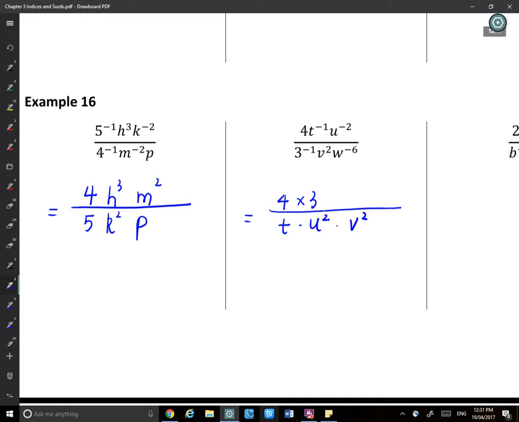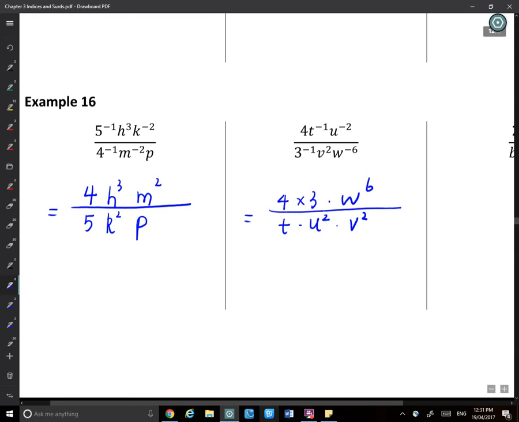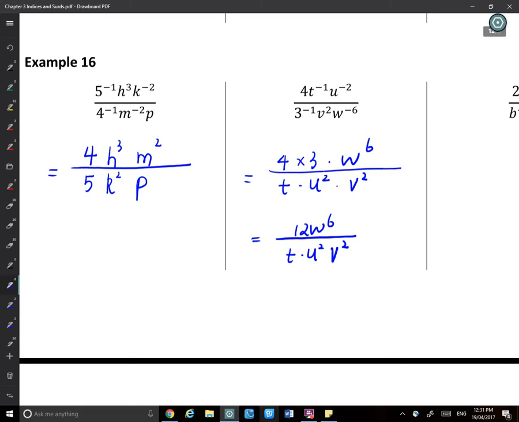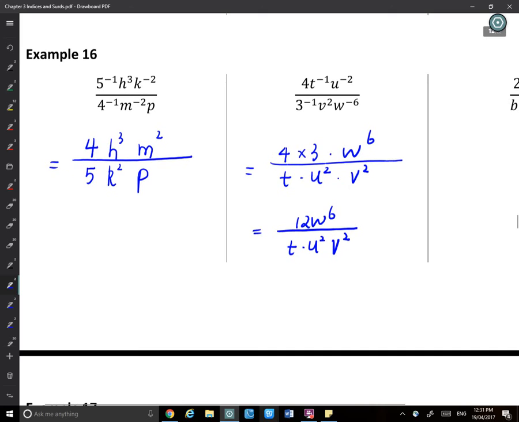W to the negative 6, which is negative, needs to go up. W to the power of 6. So it's 12 W to the power of 6 over T U squared V squared. That's a quick way to do it.